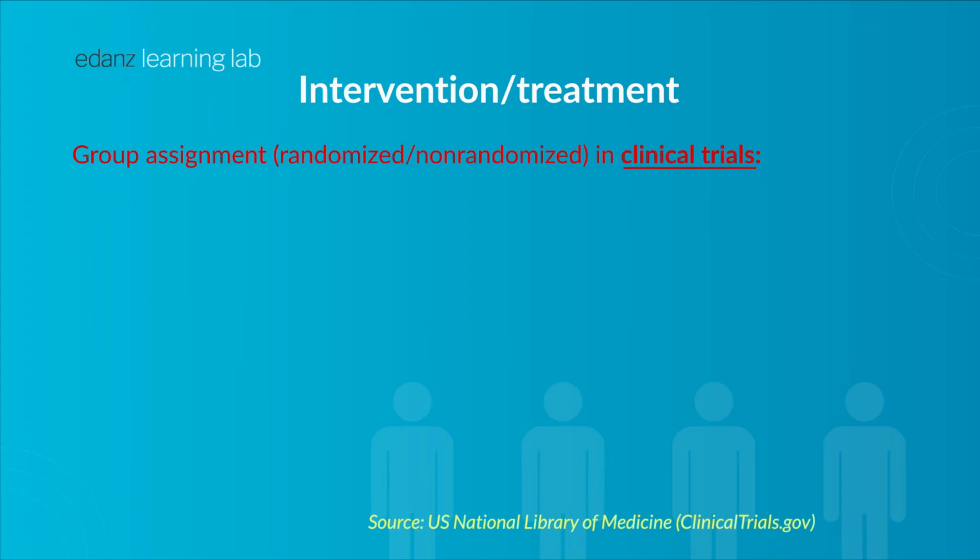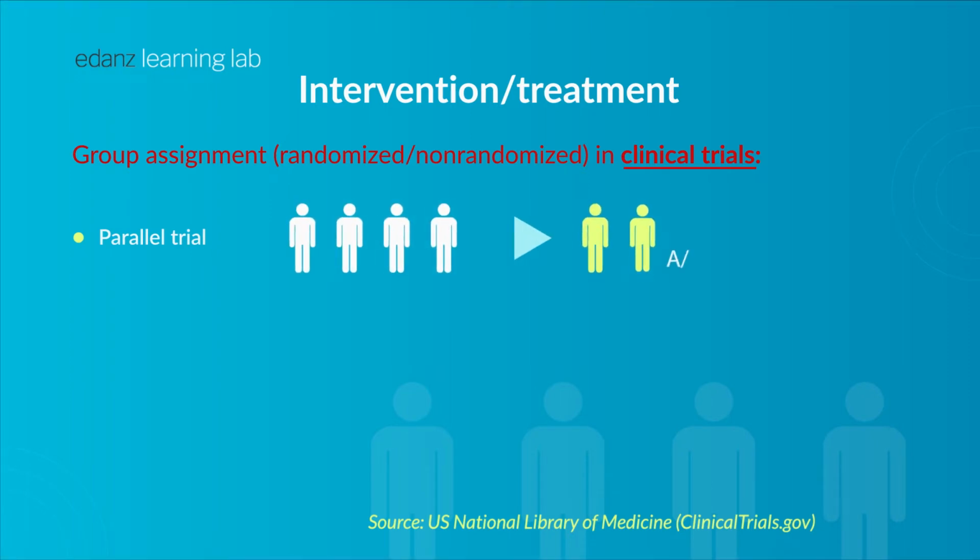In a clinical trial, the researcher assigns the participants to the intervention in either a randomized or non-randomized way. The groups could be parallel, so that, for example, half the participants receive A and half receive a placebo at the same time.